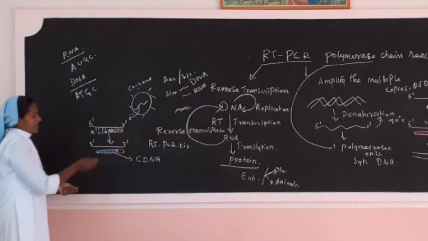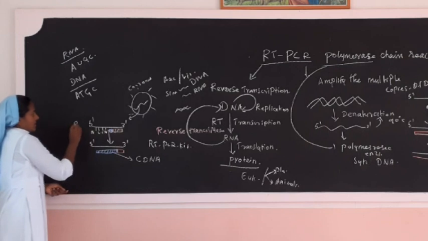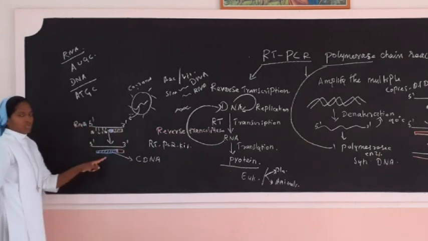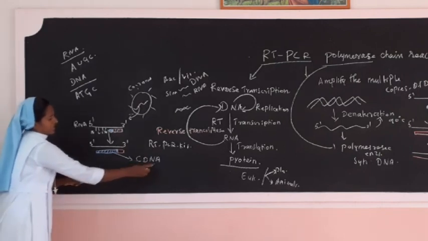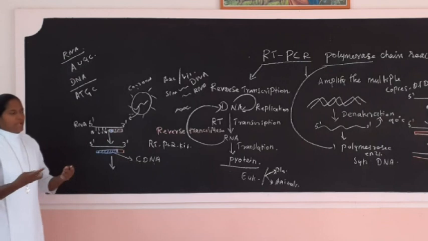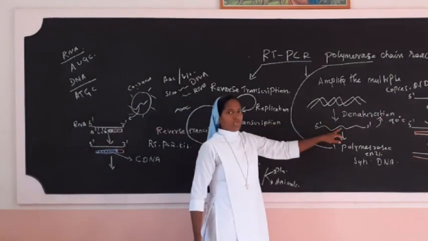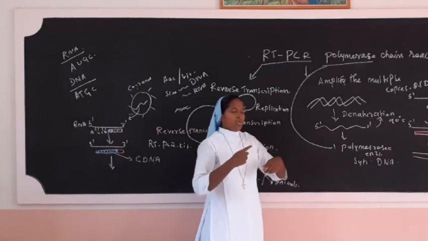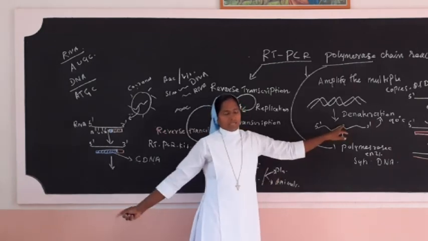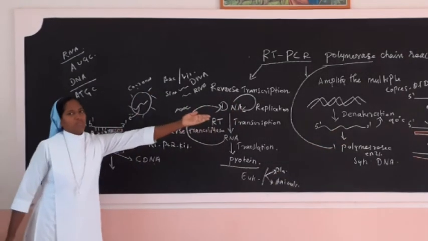Now the new strand is already synthesized. The RNA has been converted into new DNA. Now this DNA is going to act as a template, which means the strand that we use to make multiple copies of DNA. So this cDNA can be used in the PCR technique.